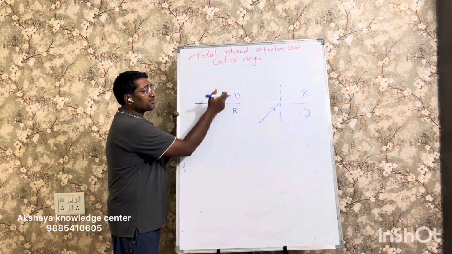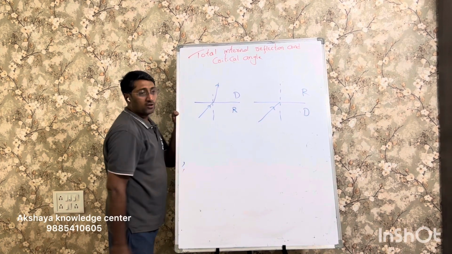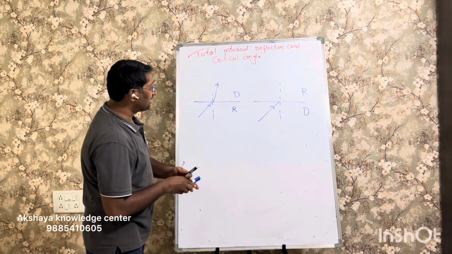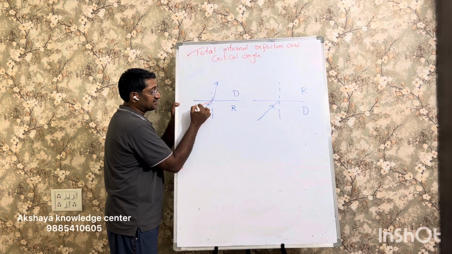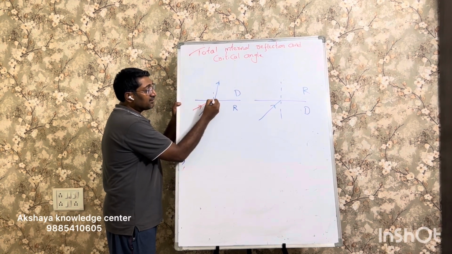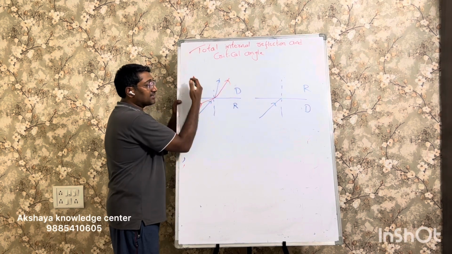When light travels from rarer to denser, you can observe it always bends towards the normal. Let me pick a different light ray which has a much greater angle of incidence. In this case, it will bend, but it will again bend towards the normal.